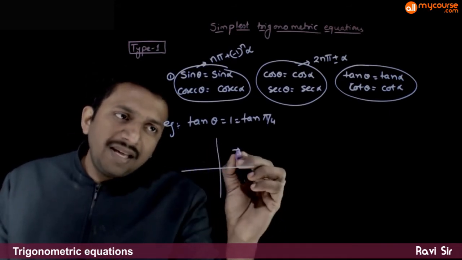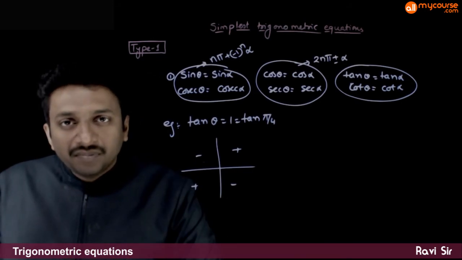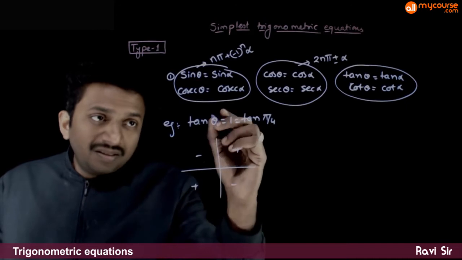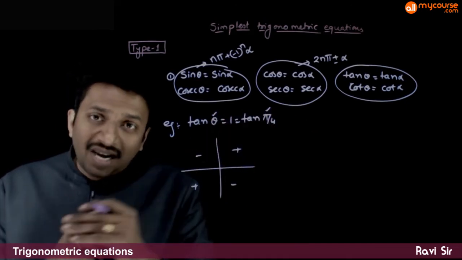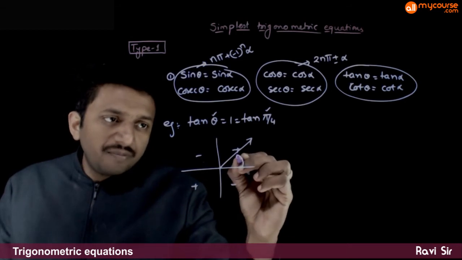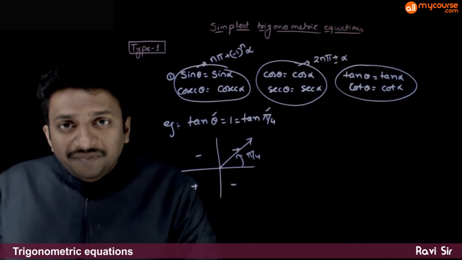We know that tan is positive in the first and third quadrants and negative here. So now we know that tan theta is equal to 1, theta is equal to pi by 4 is being satisfied. Corresponding to the position of the ray, which is pi by 4, this equation is getting satisfied.